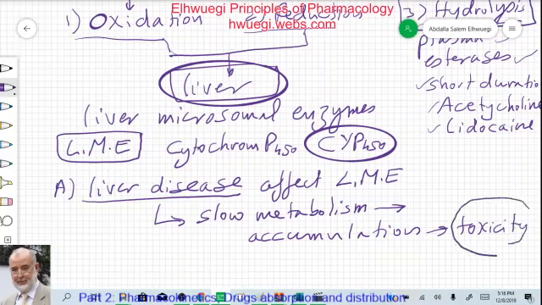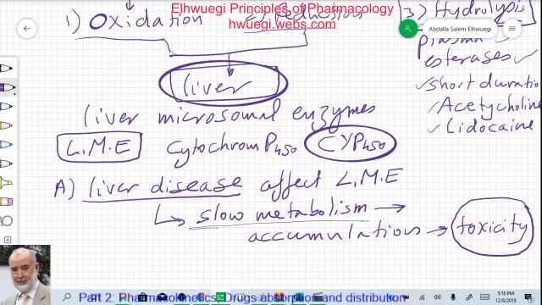This is dangerous. Therefore, if any drug is metabolized in the liver by liver microsomal enzyme, we expect in liver disease their metabolism will be slow, and they will accumulate in the body to the point that they can produce toxicity.